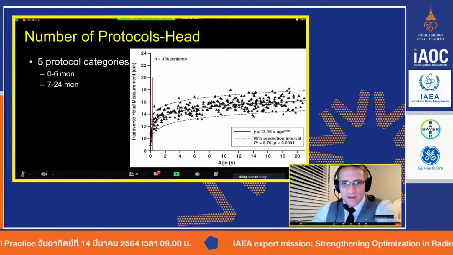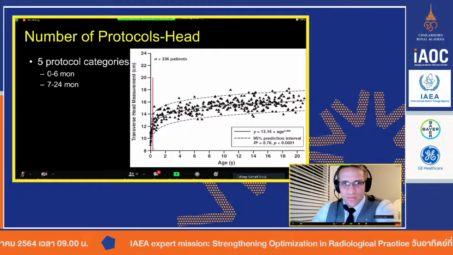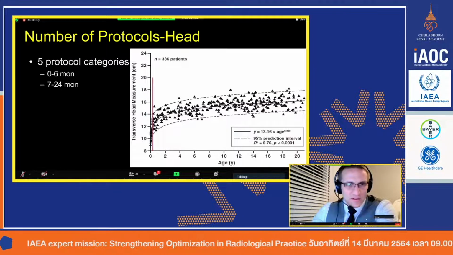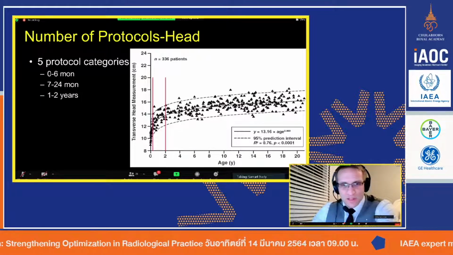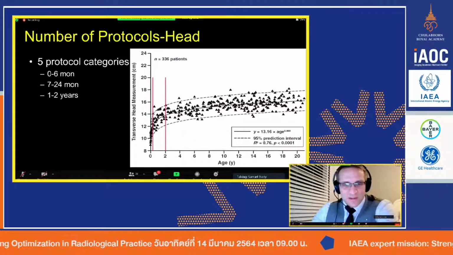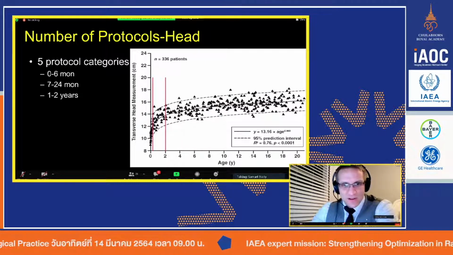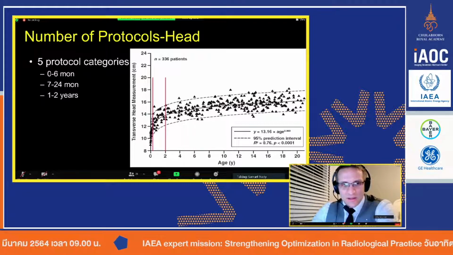So the next line here, I'm showing you is basically up to 1 year, to 24... Whoops, my lines. Okay, I'm sorry, my lines are off here. That was 0 to 6 months. And then 7 months to 24 months was this line right here, which, as you can see, is the next biggest change in the anatomy.